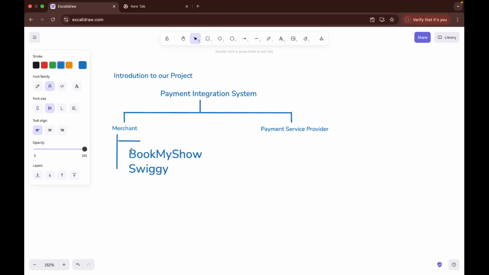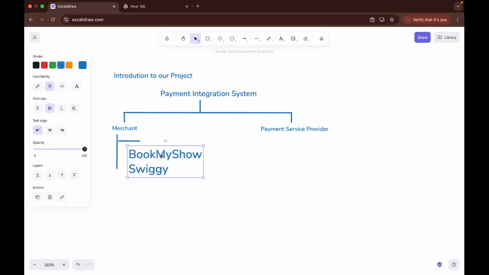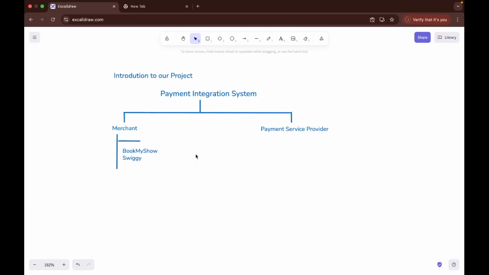Those applications don't handle the payments directly. They handle the payment via the payment integration system. So we have worked on the payment integration system.